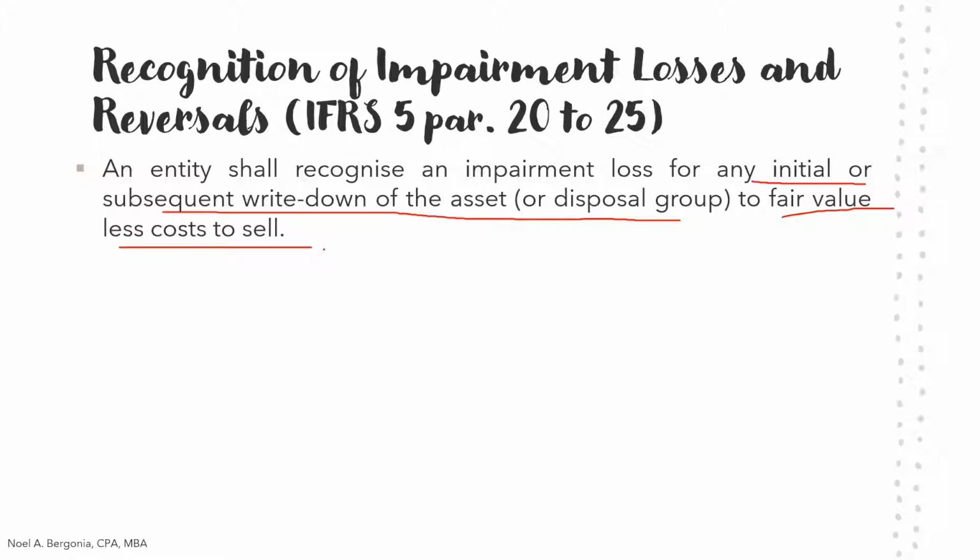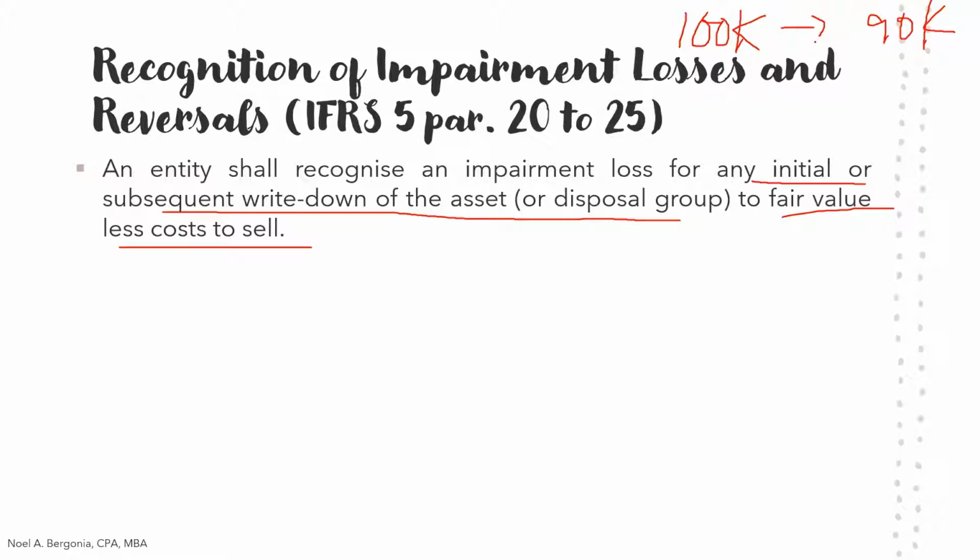Then we do the valuation based on what we discussed earlier as the lower between the carrying value and fair value less cost to sell. So just in case our fair value less cost to sell is lower, for example the carrying value is 100,000 and our fair value less cost to sell is, let's say, 90,000, that means we need to write down, we need to impair. Later we will have sample journal entries for circumstances just like this.